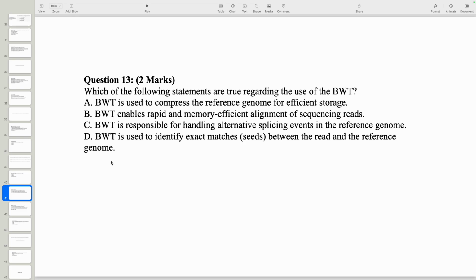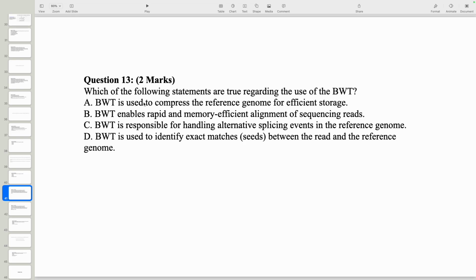So first we take the dollar sign at the initial position, then at the second position, third position, fourth position. That's how we get our last column. Then we sort the last column lexicographically, and we give this column as our first column. Then we store these columns, and here we are not storing the entire data, we are storing just this BWT.